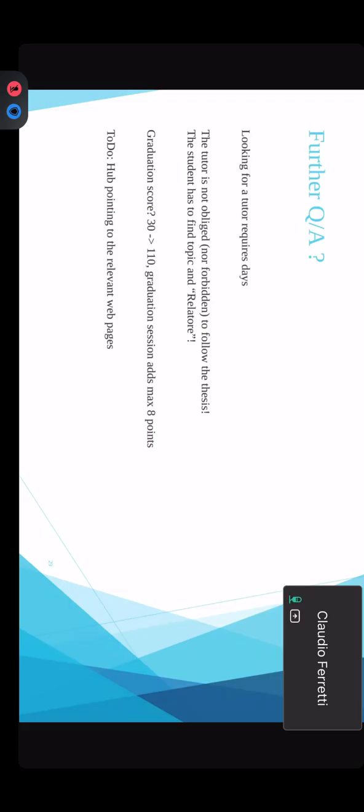Then we already explained the situation with the tutor and the relatore. And I promise that I will try to prepare a web page with all the links together, or maybe I will just put the gathered list in the final version of these slides that we will make available, right?